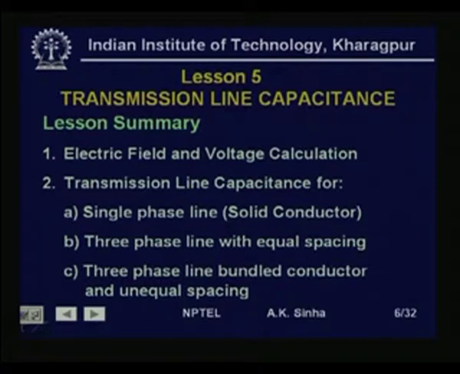Next, we will take up the transmission line capacitance calculation for a single phase line with solid conductors. Then we will take up a 3 phase line with equal spacing, and finally, we will talk about a 3 phase line with bundle conductors and unequal spacing.